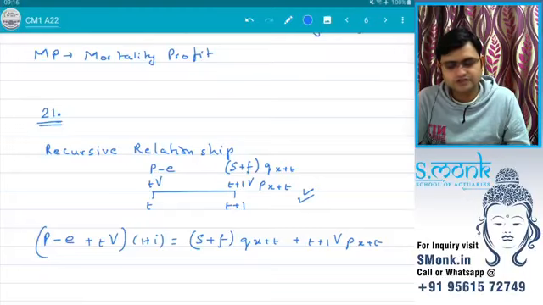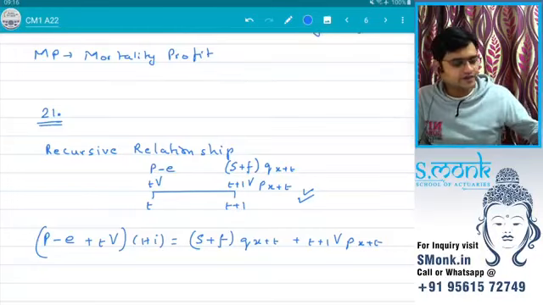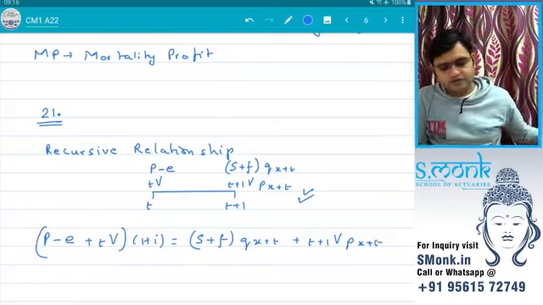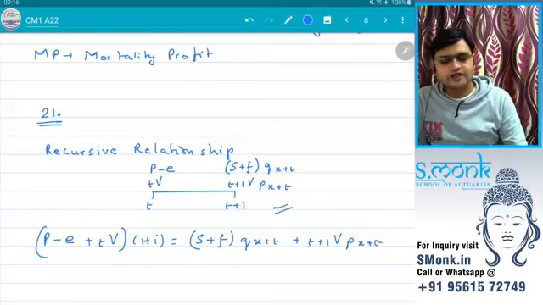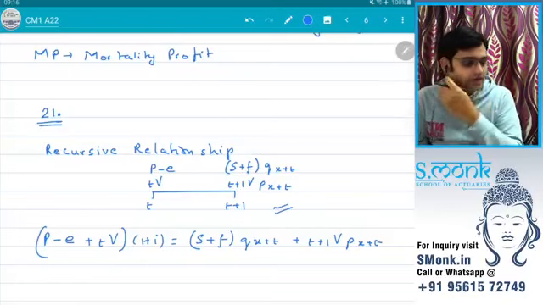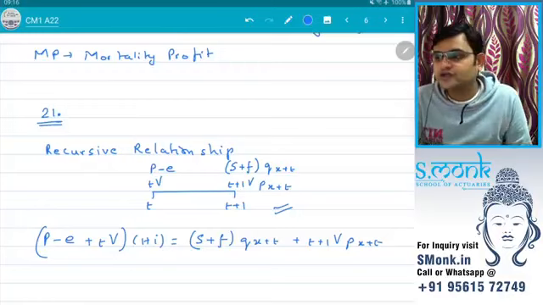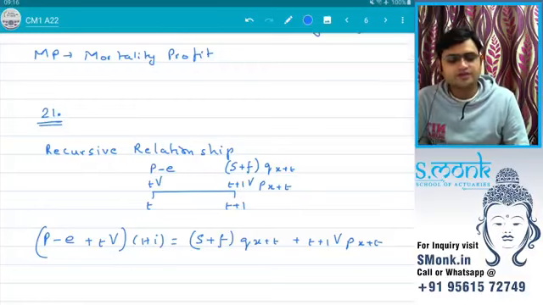Okay, this is called a recursive relationship. As I said, rather than remembering this as a formula, I prefer to make this timeline quickly and figure out what are the expenses and what is the income in that particular year.